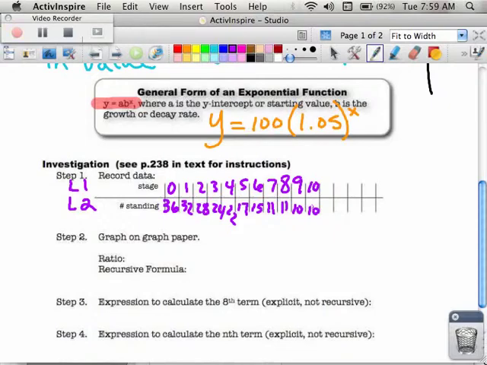And what I would like you to do is I'd like you to enter those in list 1 and list 2 in your calculator, please. And then we're going to do something with it.